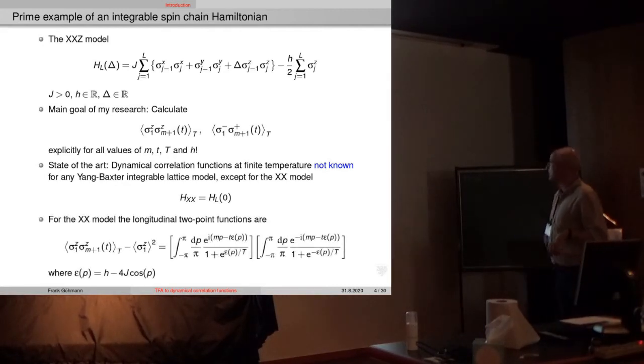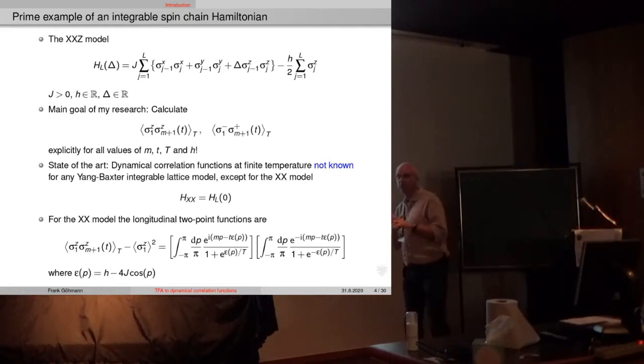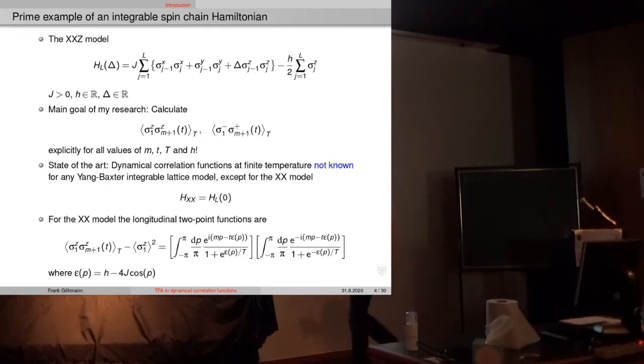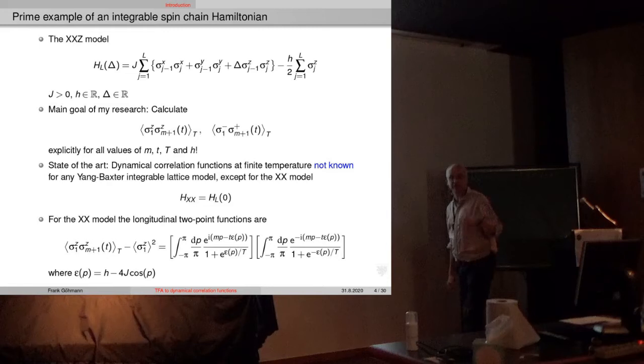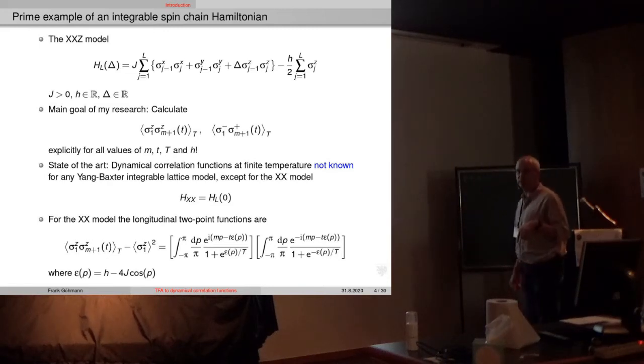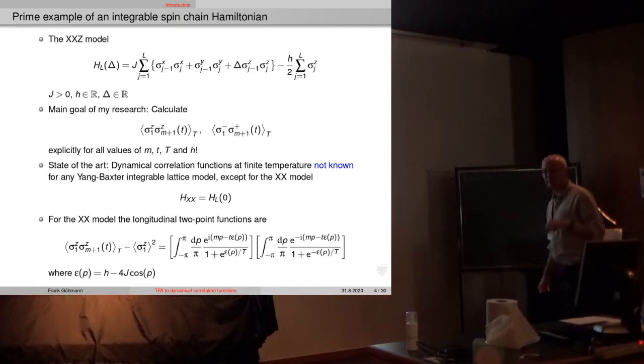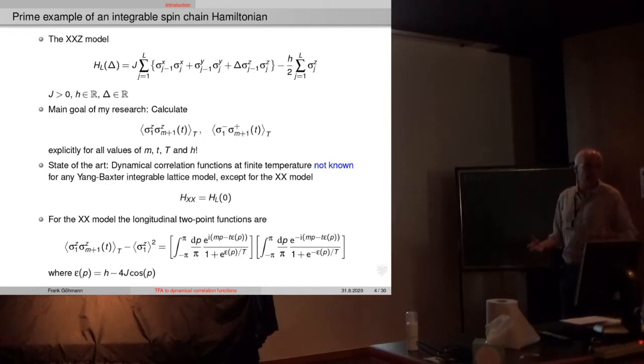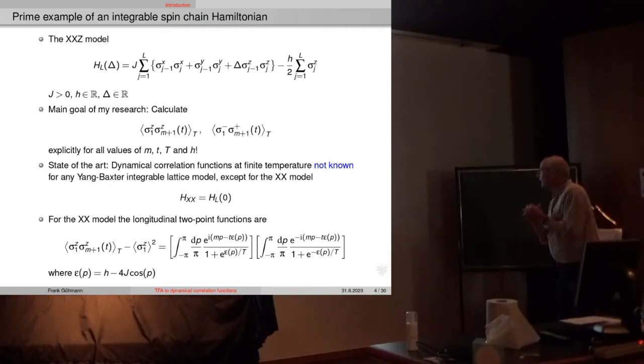But for instance, even for the XX model, what was known for a longer time are the two-point longitudinal functions, when the operator is sigma z. If you change this operator to sigma x, much less is known, and only in our very recent work, which I'm going to talk about, we got some progress. I can tell you what was known before, and I'll tell you what the progress is. A lot was known before, and the progress is, in a sense, small, but not everything was known.